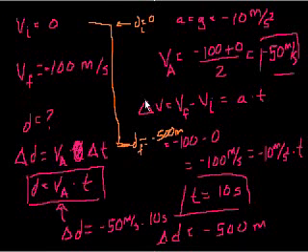We could have done it the other way around, where we could have said this is plus 500 meters and then this is 0. But all that matters is really the change in distance, right? We're saying from the top of the cliff to the ground, the change in distance is minus 500 meters. And minus, based on our convention, we said minus is down. So the change is 500 meters down. And that's the height of the cliff.